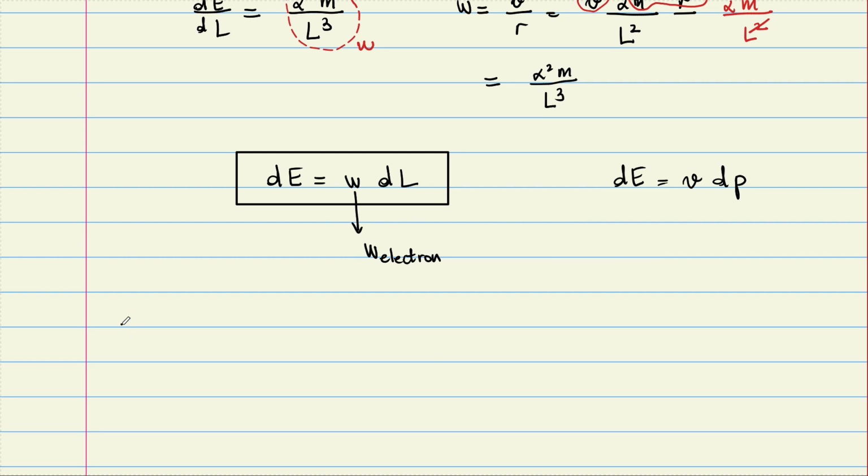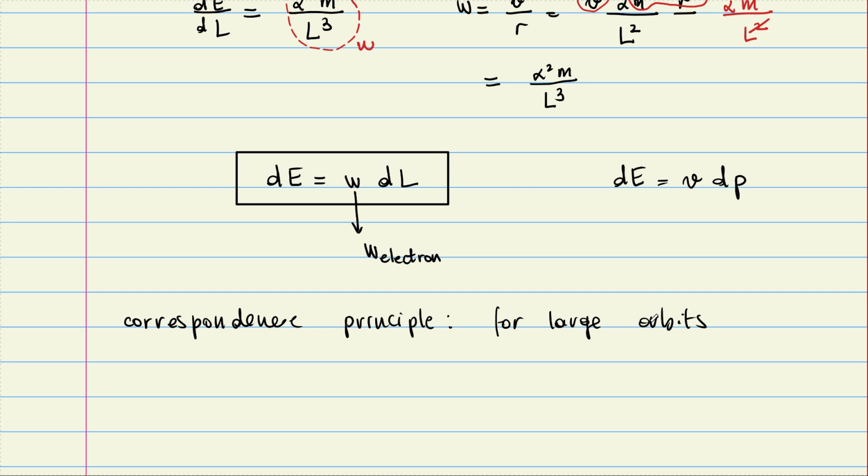And now let's use the correspondence principle as Bohr used. So, correspondence principle. For large energies, which means for large orbits, there will be a radiation.